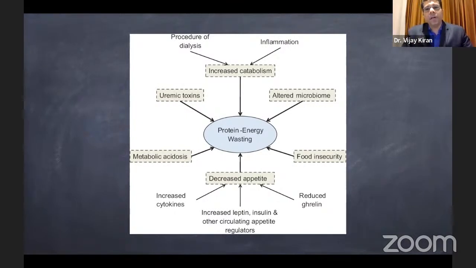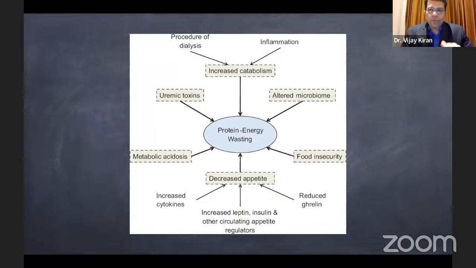Third is the altered microbiome. The latest concept of gut dialysis has cropped up, which says that our gut microbiome also influences the uremic milieu of the patient. Fourth is food insecurity, especially seen in our country and third world countries.